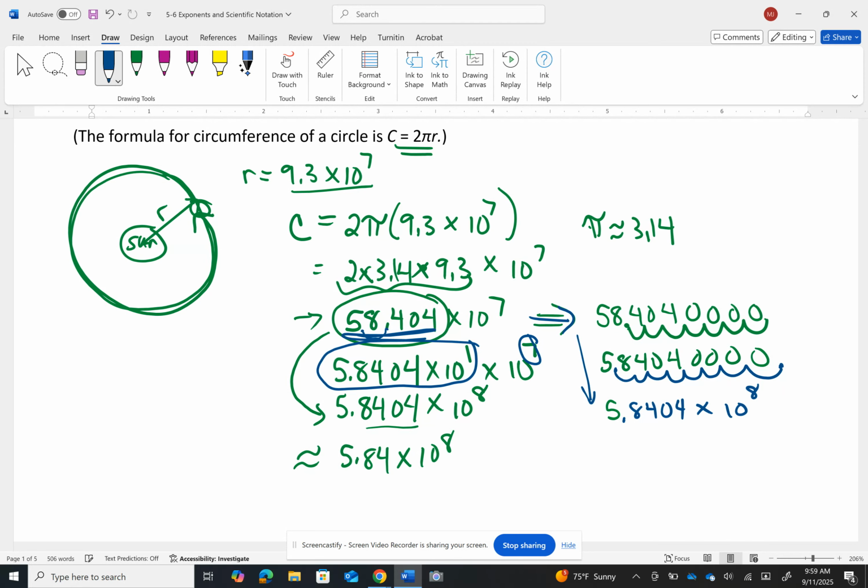Okay. All right, so they wanted the scientific form, and they really didn't specify to round, so you probably would have left your answer as 5 point, let me get rid of all these extra circles and stuff and clean it up a little bit.